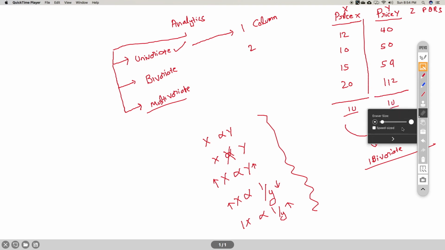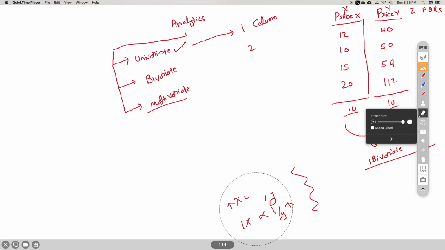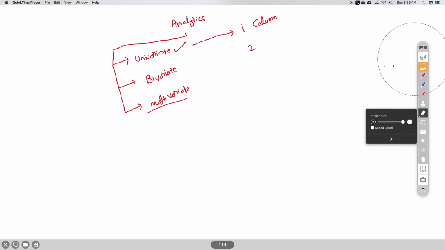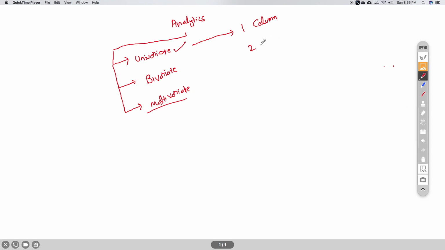Now if you think about the different analytics which can be performed, I'm just cleaning this up. The second is bivariate analytics, where you have at least two columns. In order to do this kind of analytics, you need at least two columns, and in multivariate, 2+ columns.